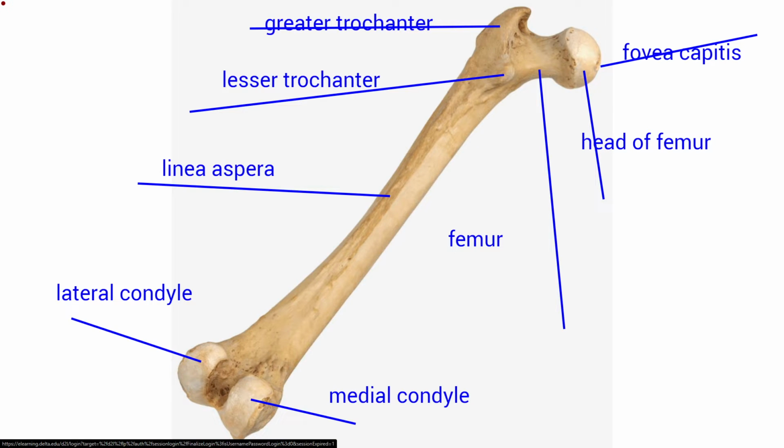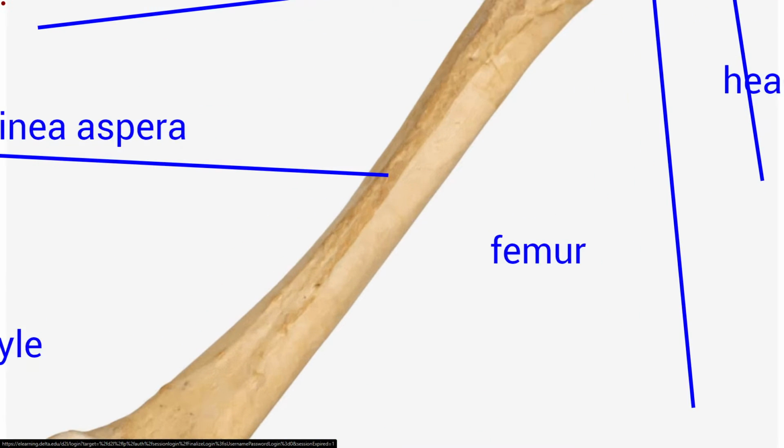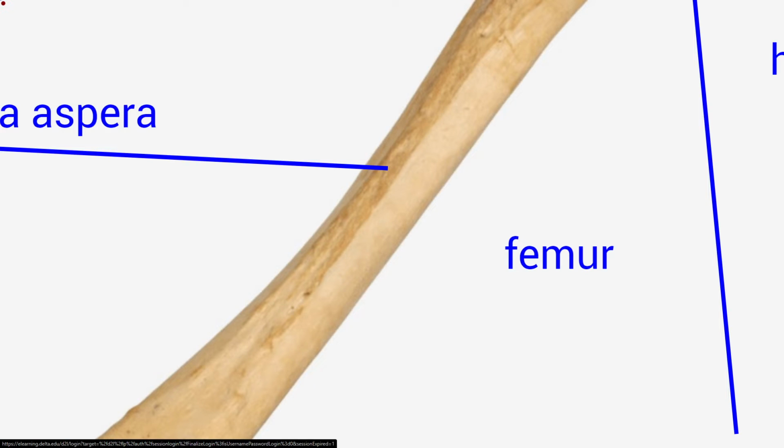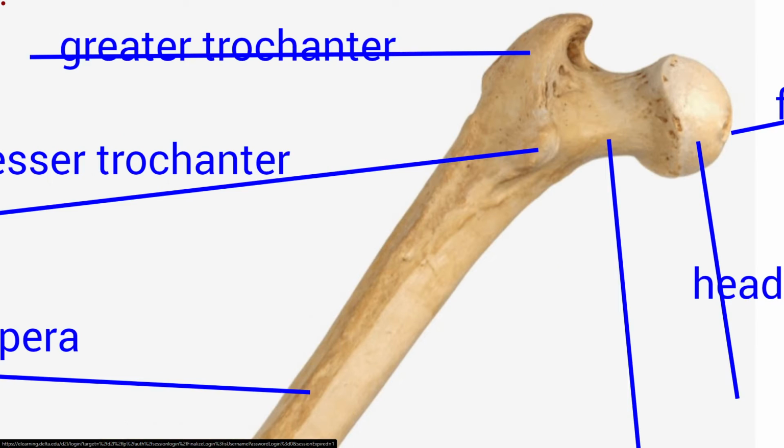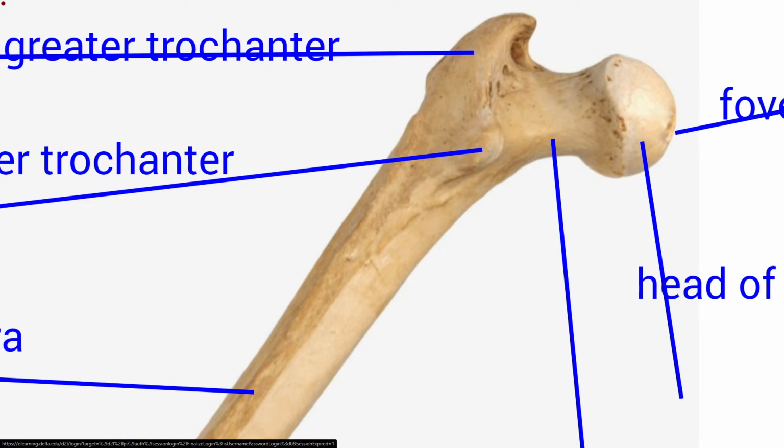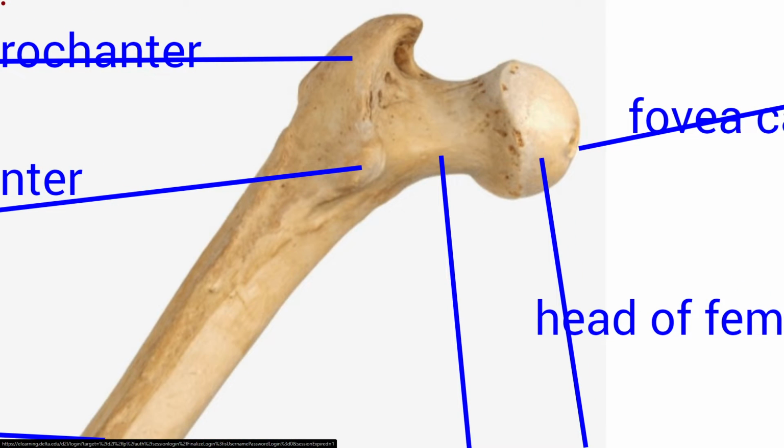Okay, so let's zoom in. So you can see the head, and then this is the fovea capitis, that depression in the head. Let's see if we can zoom in any more.